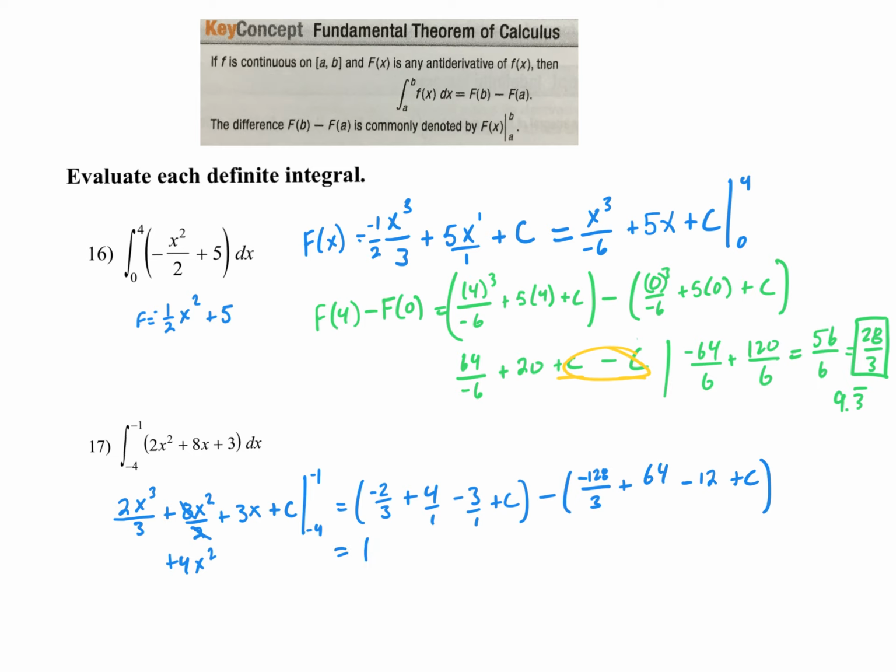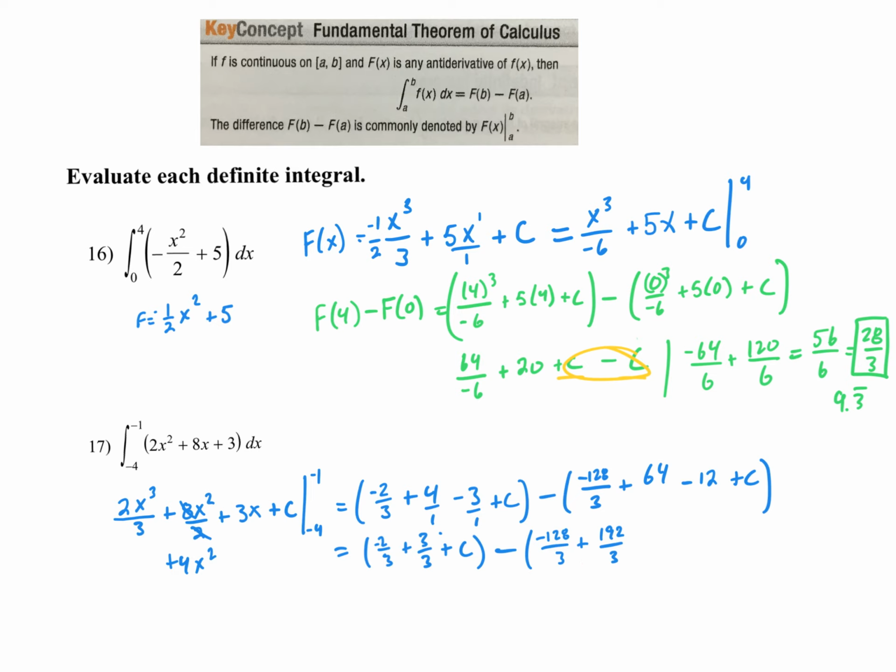Over here, this is going to give me -2/3 plus 1. Or really, instead of plus 1, I'm going to say 3 over 3, plus some constant, minus -128 over 3 plus 192 over 3. I just multiplied 64 times 3 to get the 192 because I'm trying to get the same denominator here.